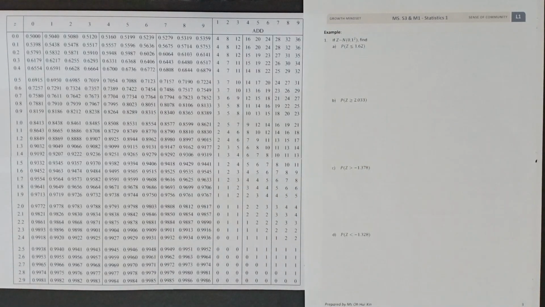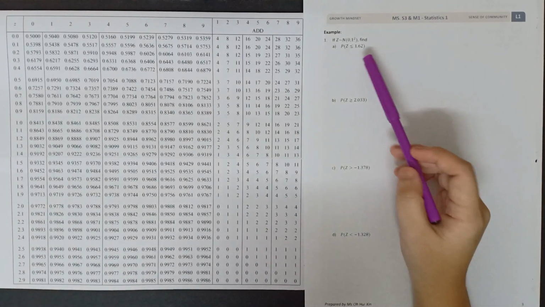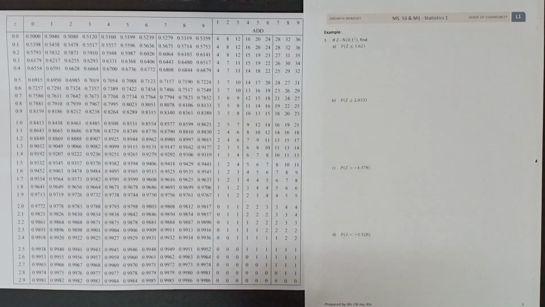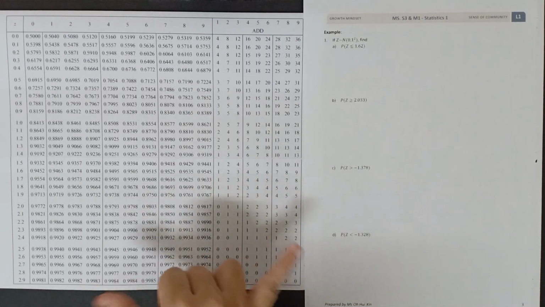Okay, alright, so you must remember the probability of your z-score is basically equal to the area under your graph. And for a continuous random variable, there is no difference whether you have an equal sign or not, because the number that you are going to take is a range.